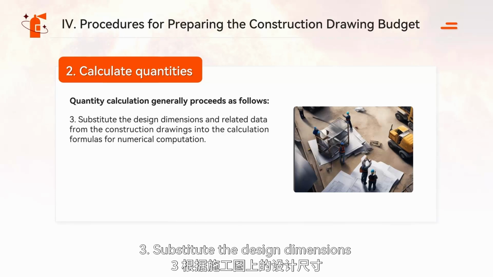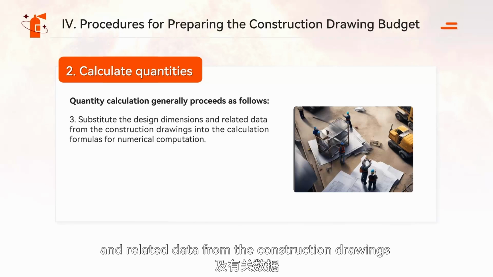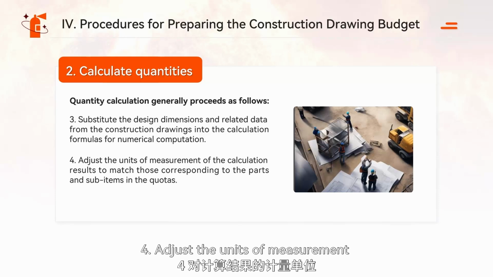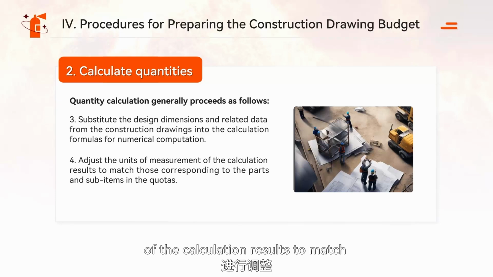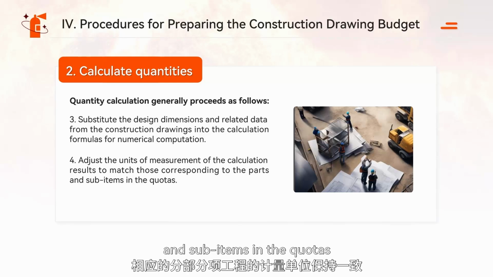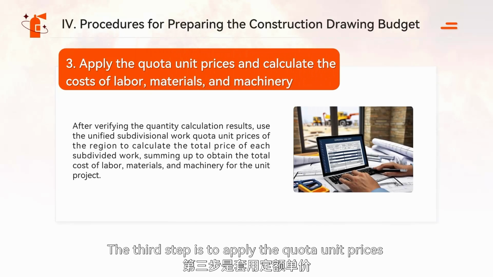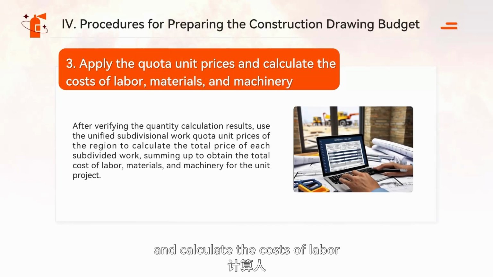Substitute the design dimensions and related data from the construction drawings into the calculation formulas for numerical computation. 4. Adjust the units of measurement of the calculation results to match those corresponding to the parts and sub-items in the quotas.